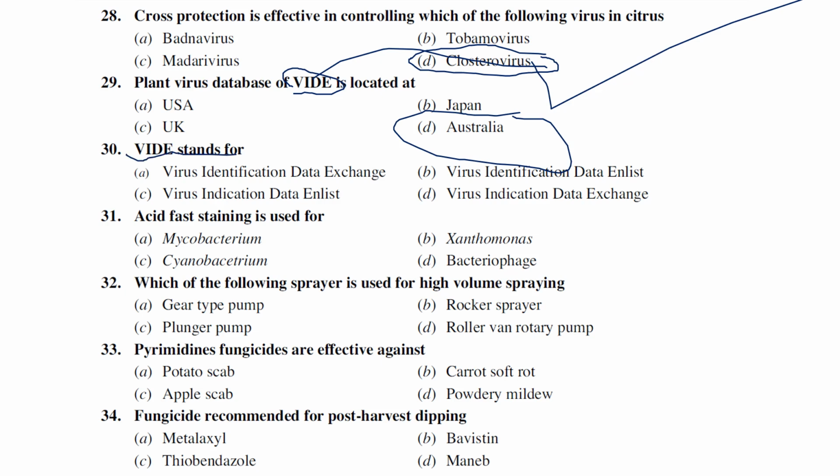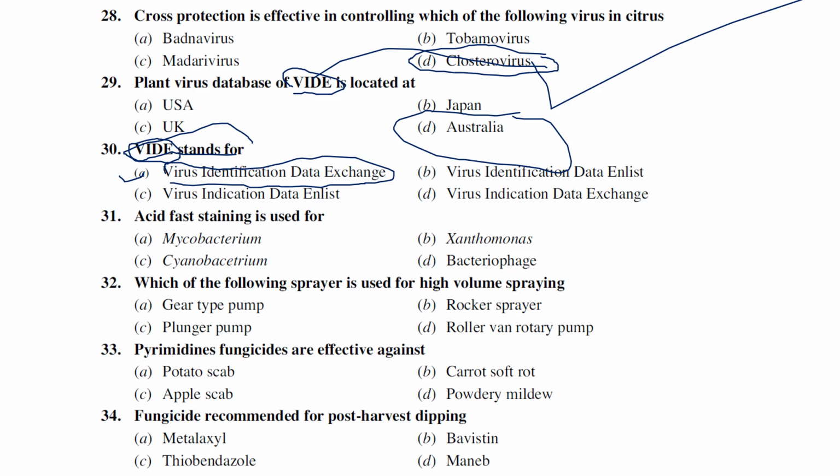The next question itself is WIDE, right? Virus identification data exchange, virus identification data analysis. I believe it's virus identification data exchange, probably. I'm not sure, so I suggest you refer to the true expansion of WIDE. I'm a little bit doubtful, but it might be virus identification data exchange.